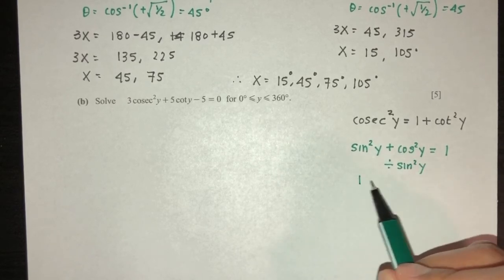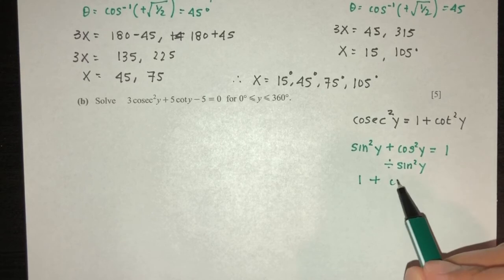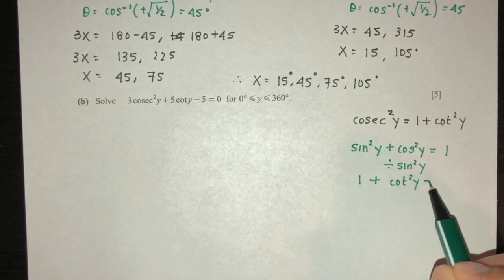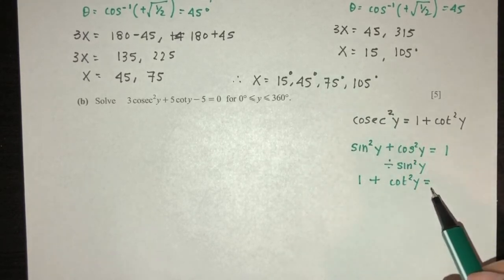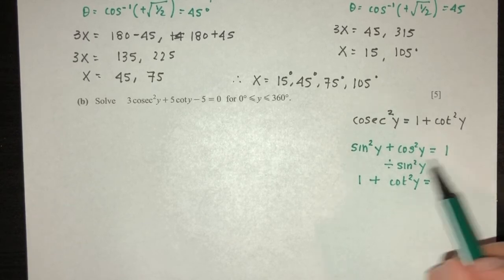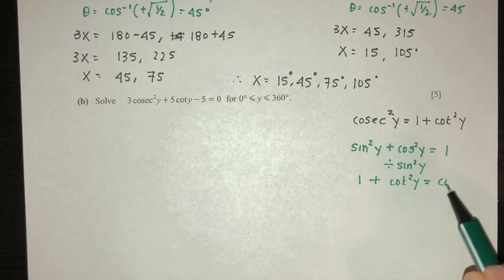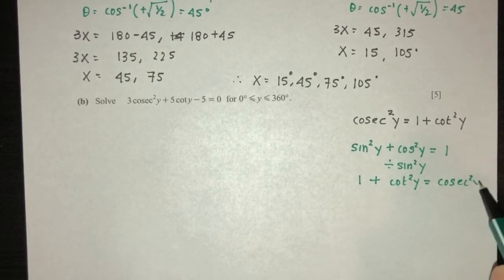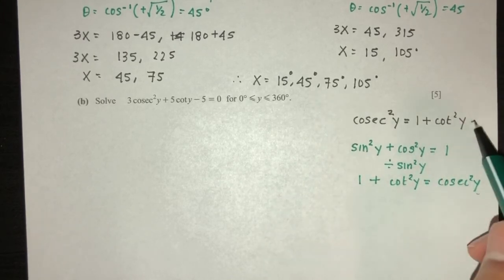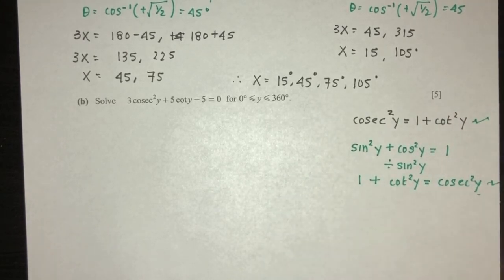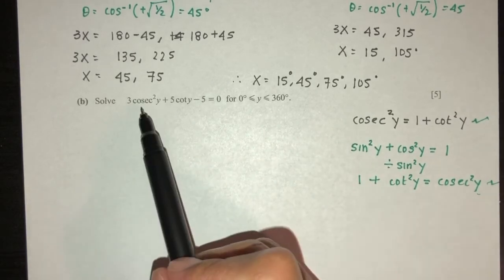You will have 1 plus cot square y is equal to, we have 1 here, now will become cosec square y. So this is the right formula, so I was right, this is right as well. Okay, so replace this one by this one.